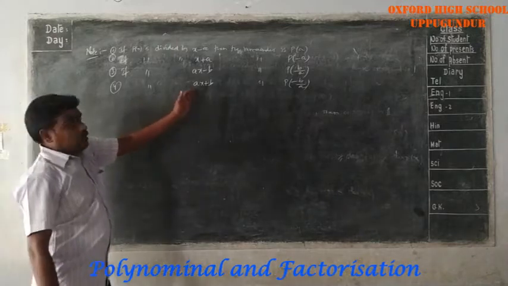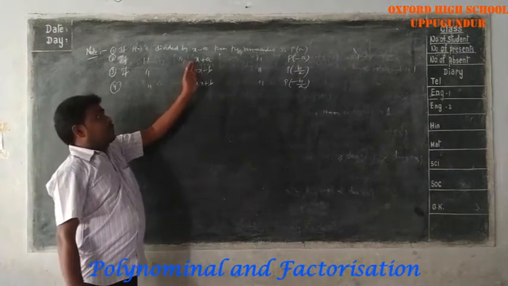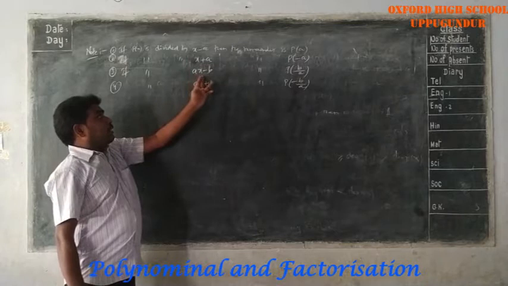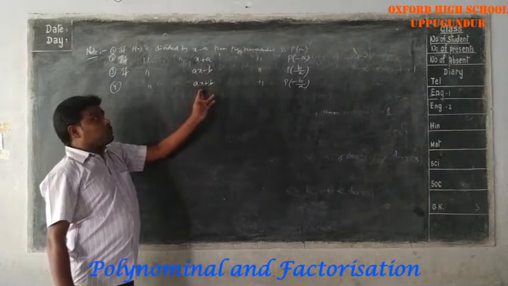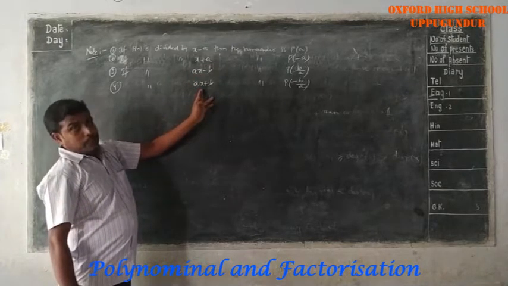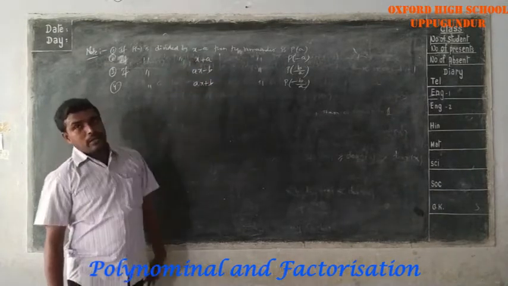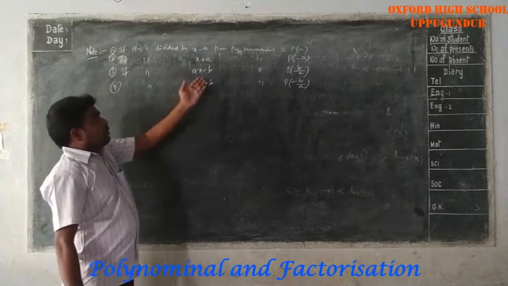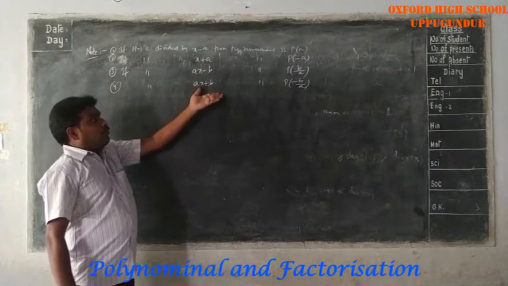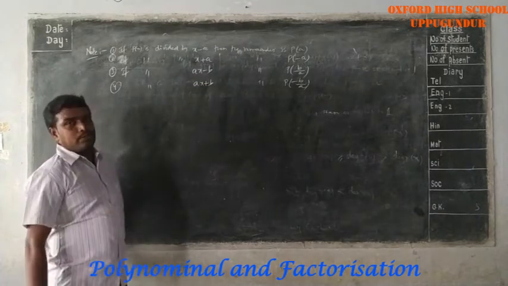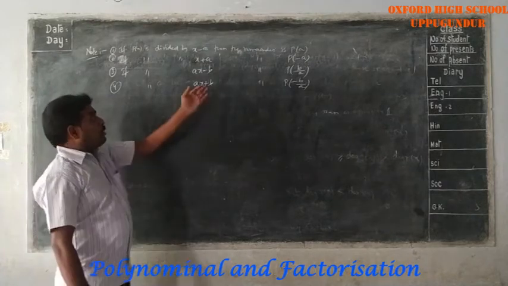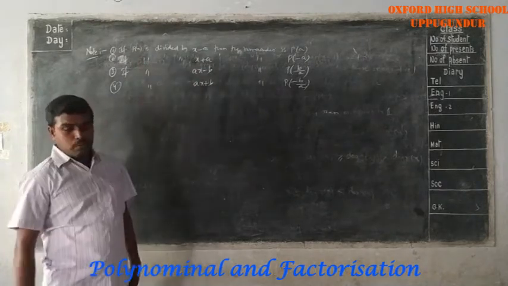All these are linear polynomials: x minus a, x plus a, ax minus b, ax plus b. These are the possible expressions of a linear polynomial. For each linear polynomial I am writing the remainders. So by using these remainders, without actual division, we can find the remainder of each polynomial.